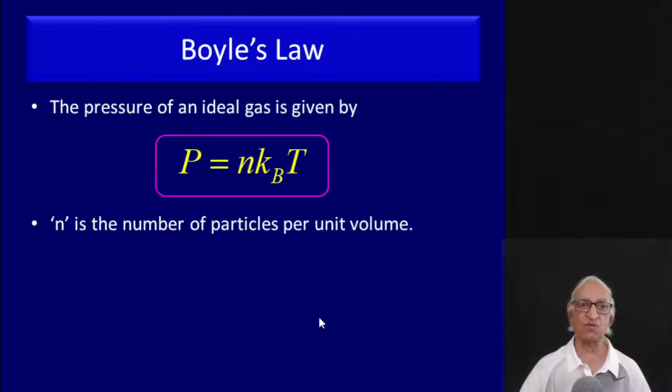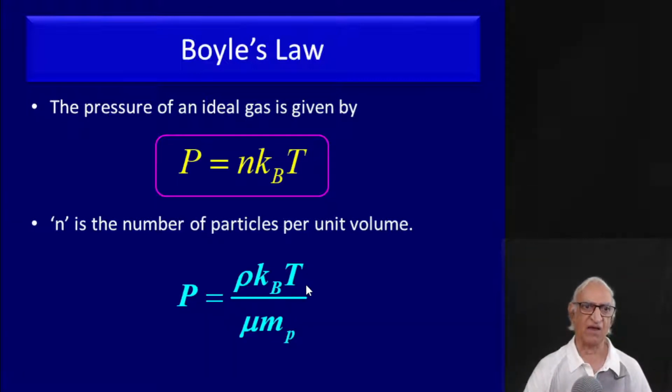What is Boyle's law? Boyle's law states that the pressure of a gas, an ideal gas, is nkT, where n is the number of particles per unit volume. Well, in the context of gravity, it is more advantageous for us to cast this formula in terms of the mass density rho rather than the number density n.